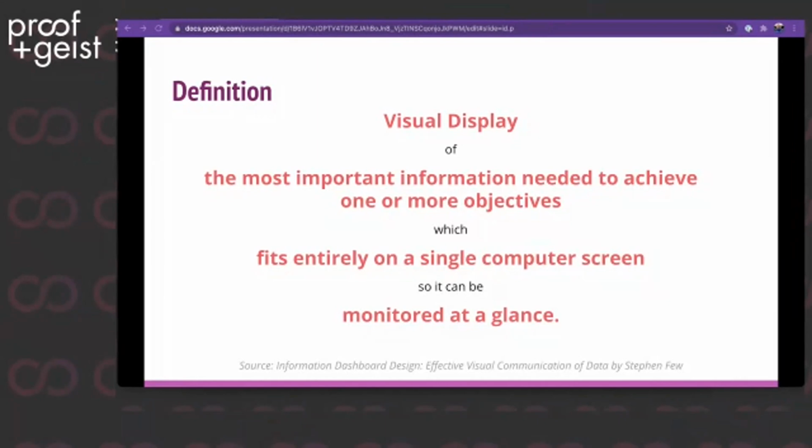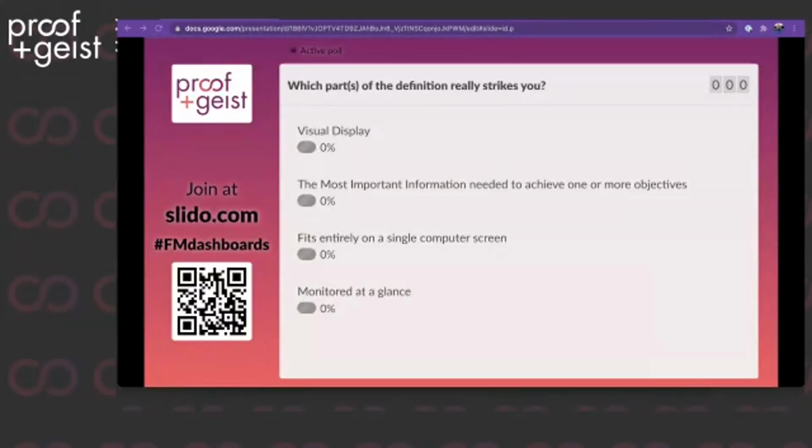I think that's an interesting definition, and I've actually constructed it the exact way from the book, page 34. The way that it's constructed here points out what's important. So I'm curious for you, given this definition, which parts of that definition really strike you?